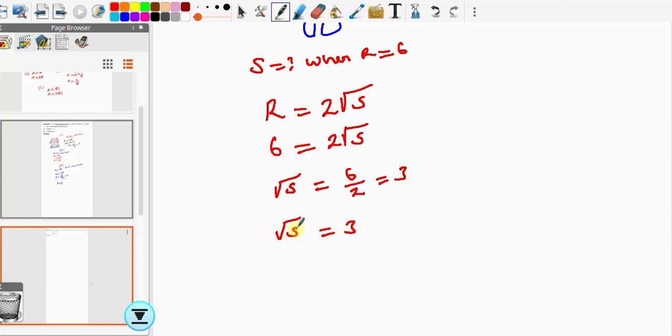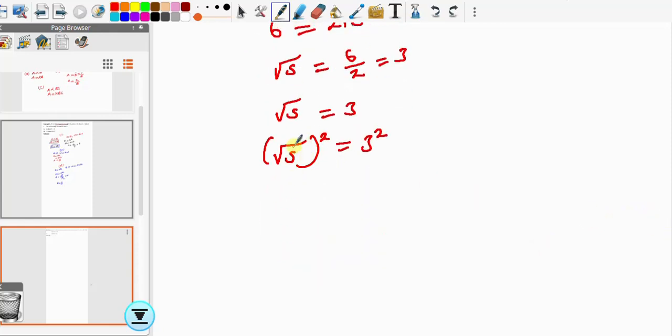Now, how can we do away with this square root? Is by squaring both sides. We square both sides. What you do on the left hand side, do the same thing on the right hand side. So we have our square root of x raised to power 2 equal 3 raised to power 2. Right.